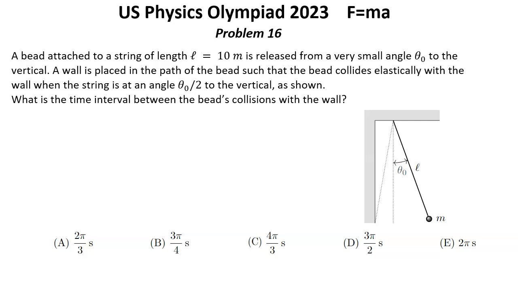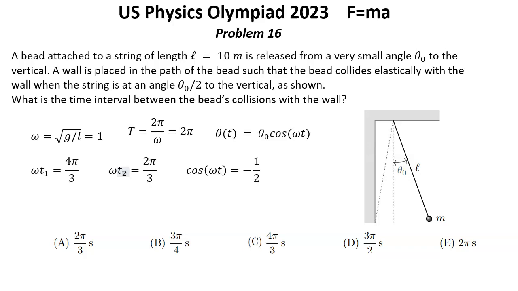Solution for problem number 16. The angular frequency for this construction will be omega equal square root of g over L, which is 1 Hertz. For that frequency, we have a period equal 2 pi over omega, or 2 pi seconds. The equation for this motion is theta equal theta 0 multiplied by cosine omega t.